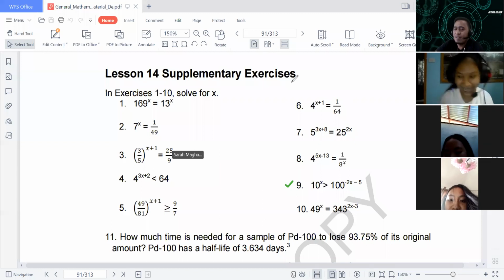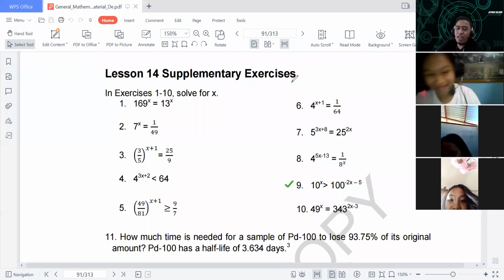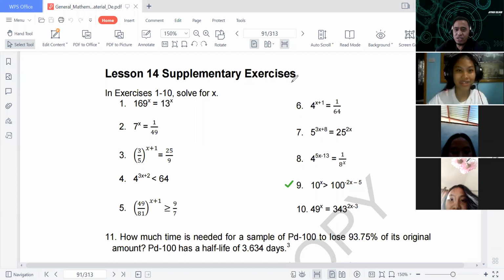Sige, go. Any one of you can help Jasen.